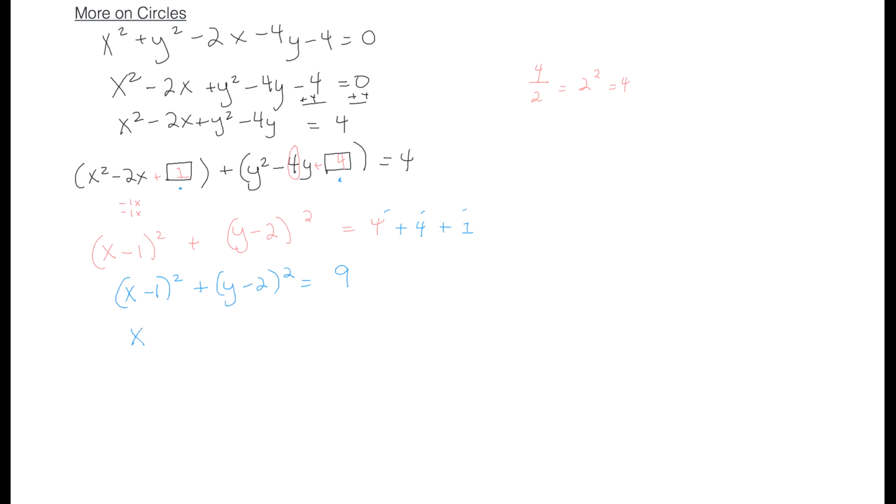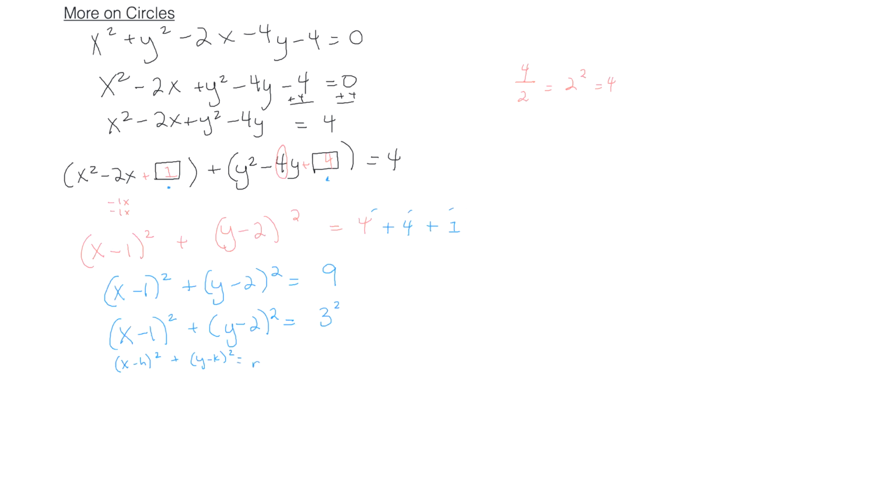I can rewrite it again. I got lots of time and lots of space. And instead of 9, I'm going to put 3 squared, because this will be my x minus h squared plus y minus k squared equals radius squared. So I'll be able to see then that my center is my Hong Kong thing.